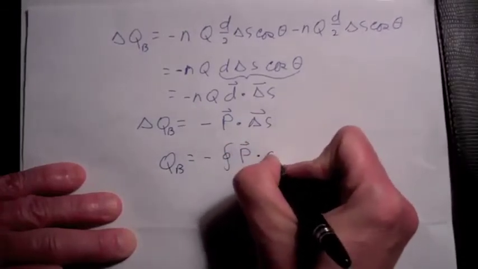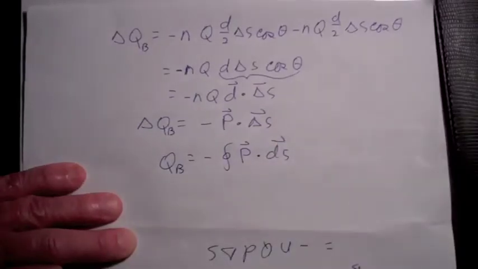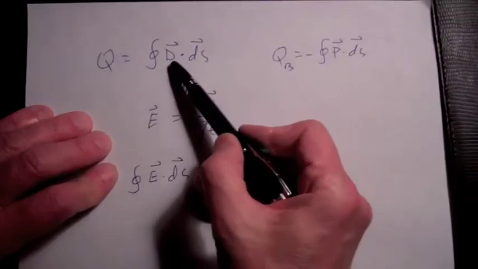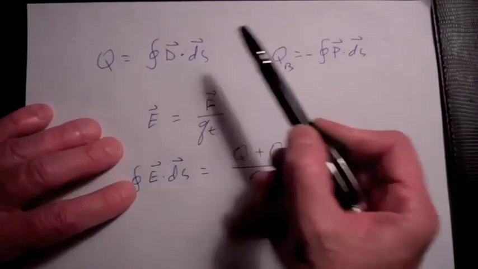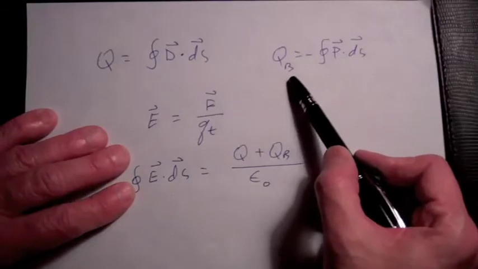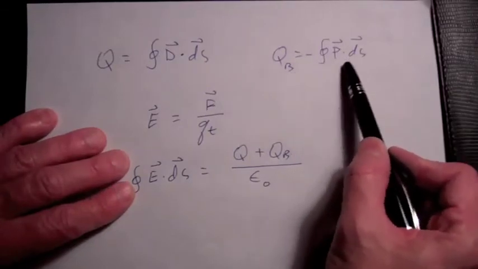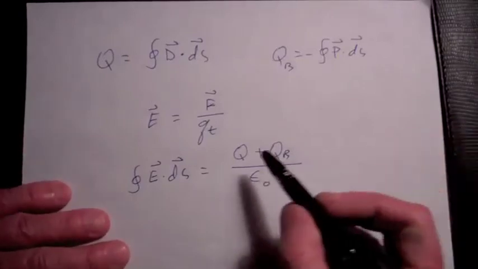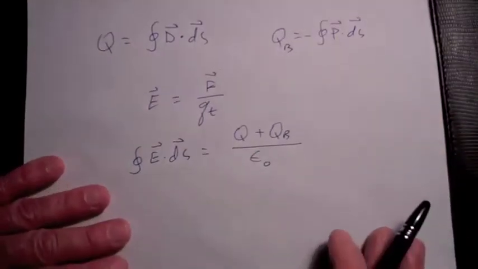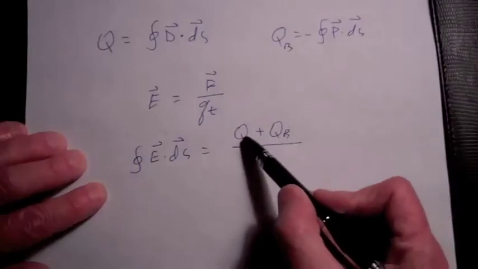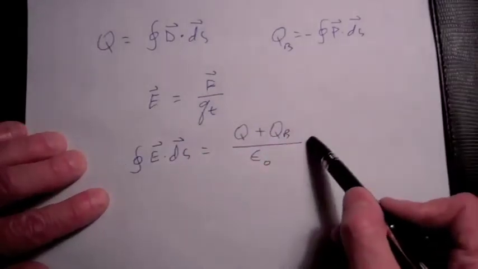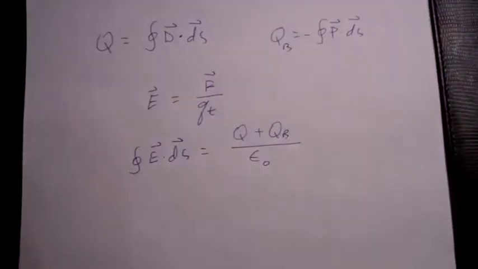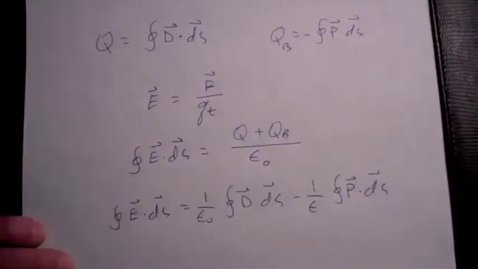So we have our relationship between the free charge and the electric flux density field, Gauss's law. We've now seen we have a similar relationship between the bound charge and the polarization field, and the electric field is associated with both free and bound charges. So now let me substitute into this expression for the electric field our Gauss's law and the result we just obtained for the bound charge.